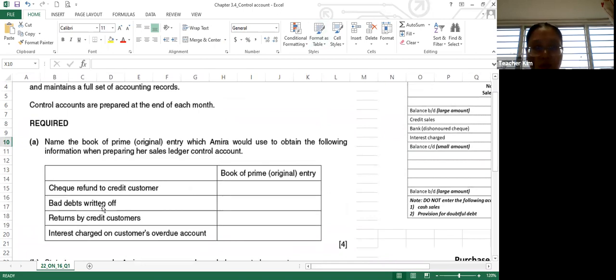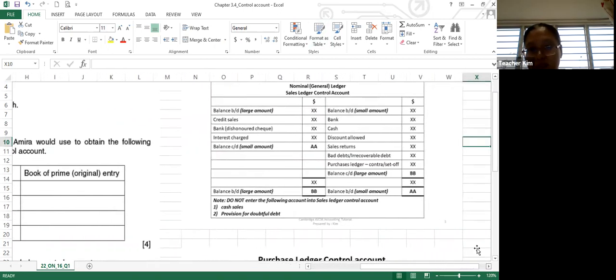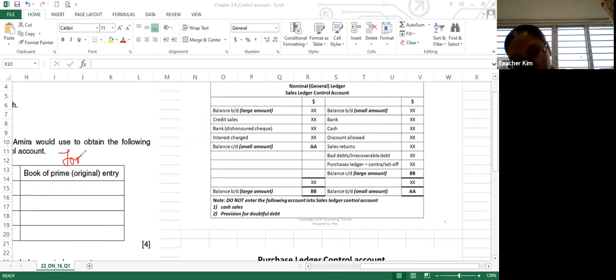Come to the book of recording. In here, this is the account to be recorded, but come to the book, which is the book of prime entry or journal. Credit sales, where do we get it from? From our sales journal. Bank, from our cash book.